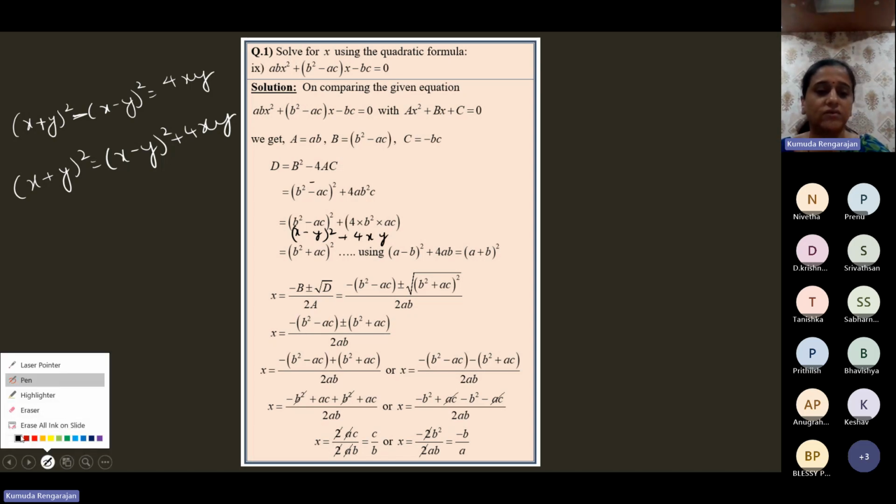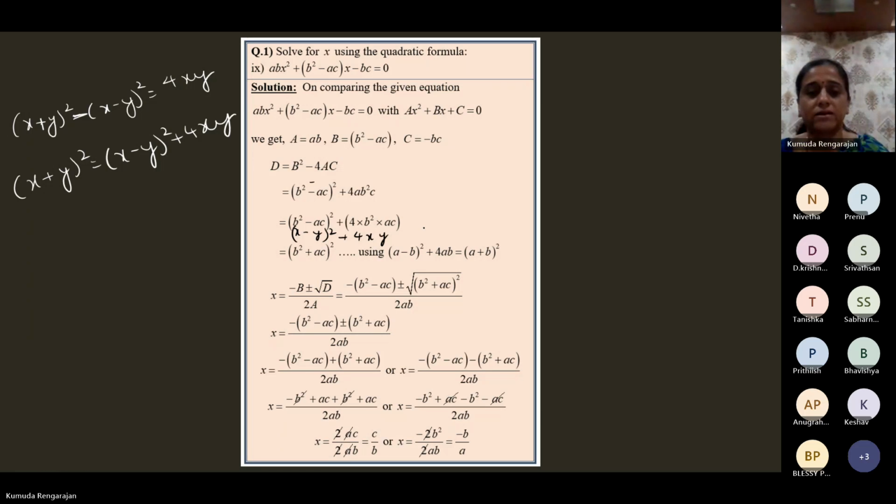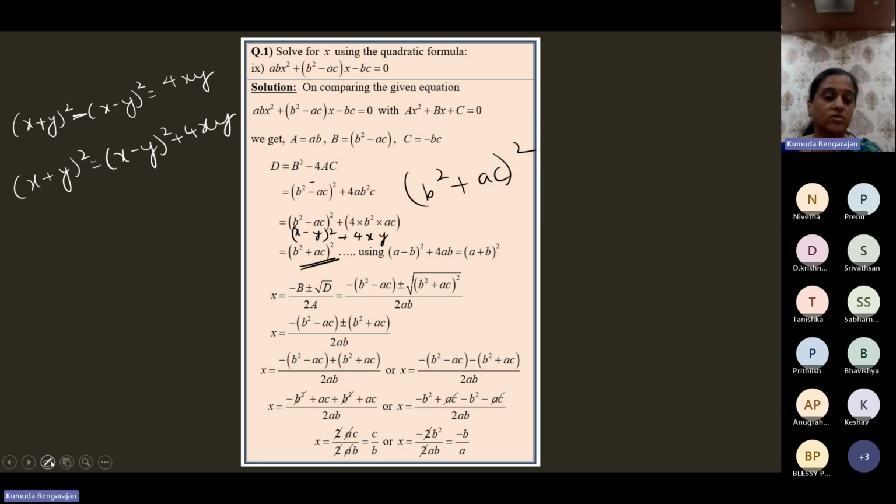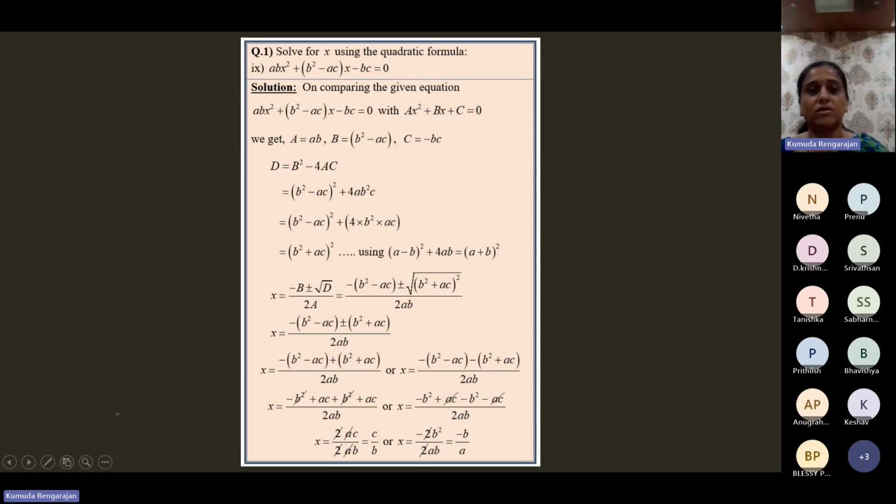So what is x plus y? B square plus ac the whole square. And it's always a relief when d is a perfect square. Yes, it is a perfect square. So it's b squared plus ac the whole square.